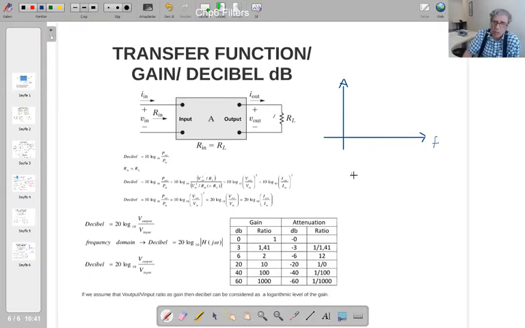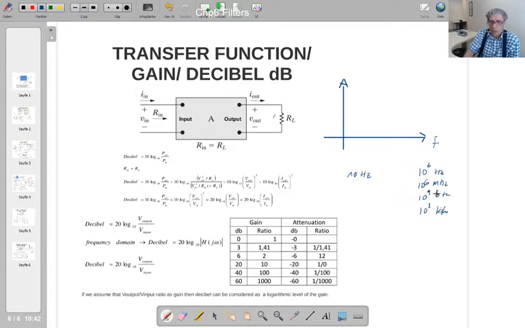So it could be 10 hertz, and it could be, let's say, 1 million hertz. That's megahertz, isn't it? There is gigahertz as well. Mega is 10 to the power 6, giga 10 to the power 9. So 10 to the power 3 is kilo. It goes like that. So the range is quite wide here.